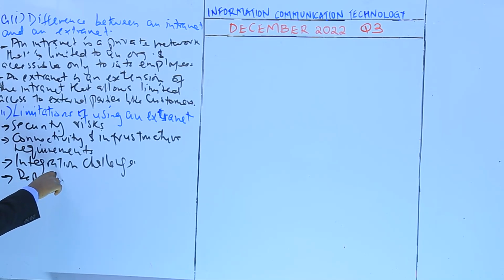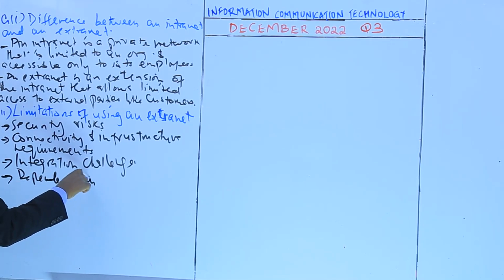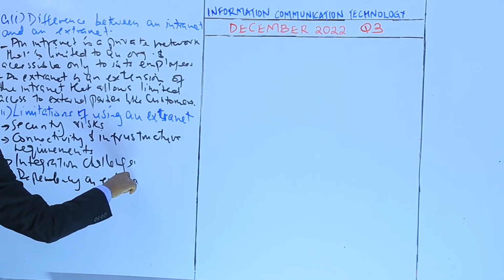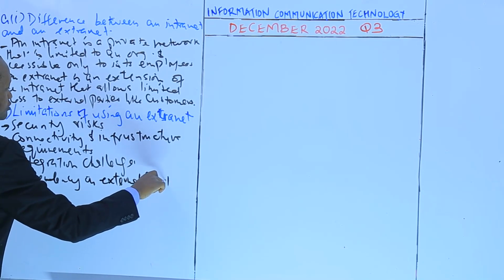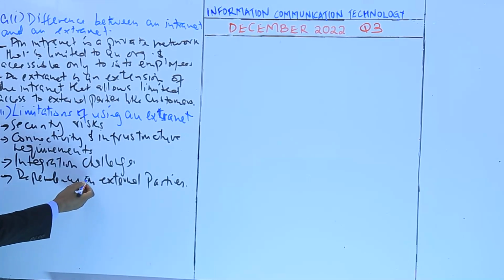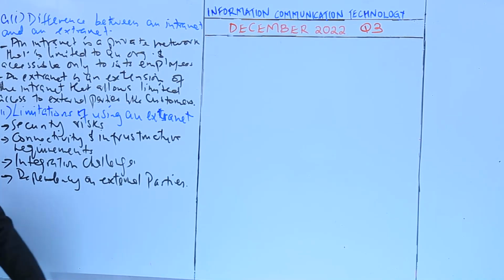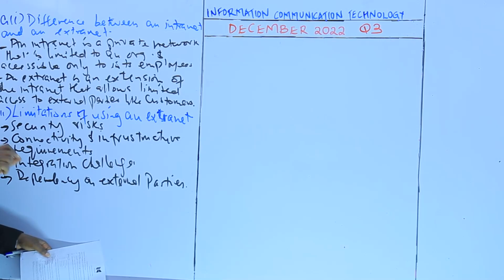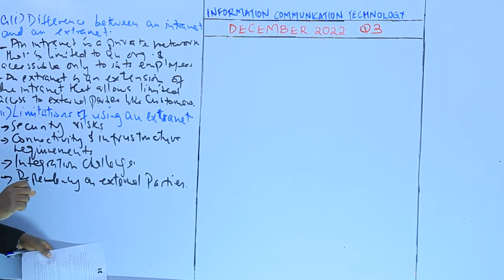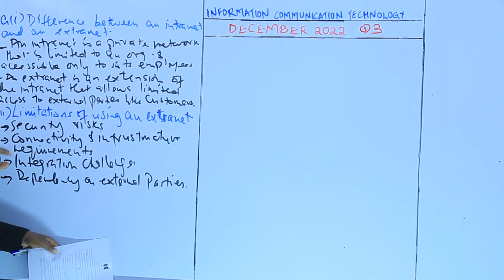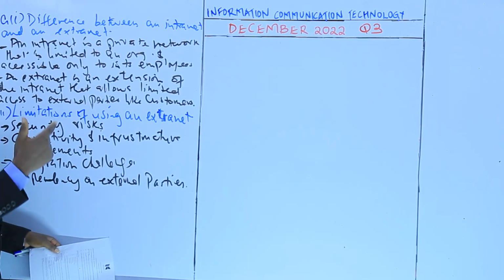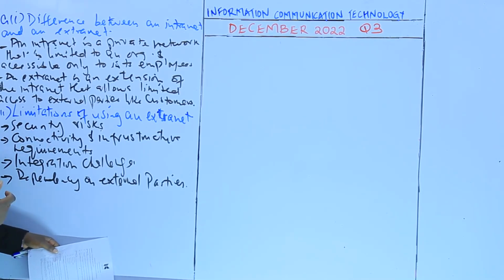Dependency on external parties. Organizations that rely on the extranet for critical operations may face disruptions if external parties experience technical issues or terminate their agreements.